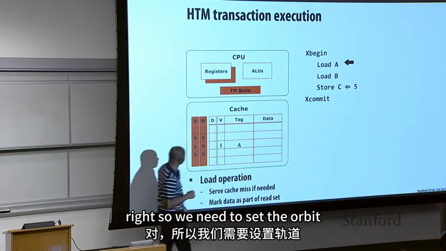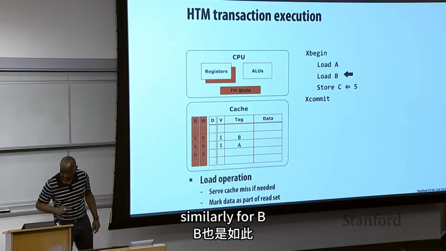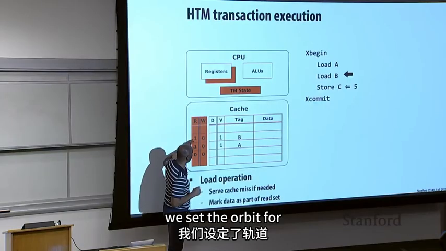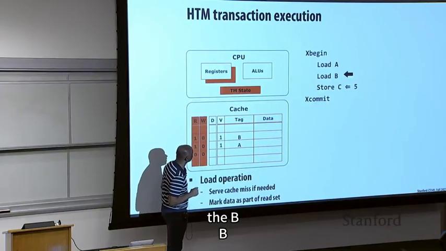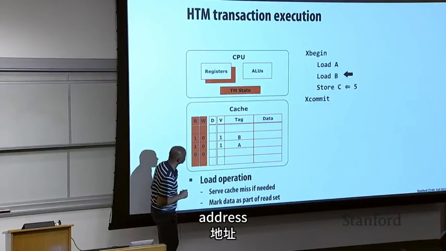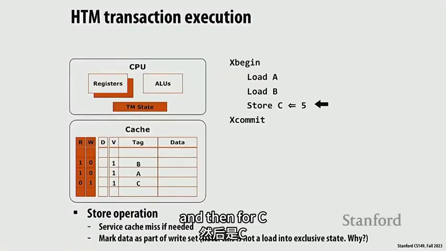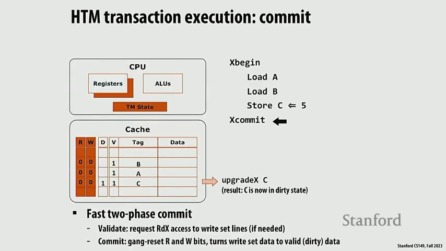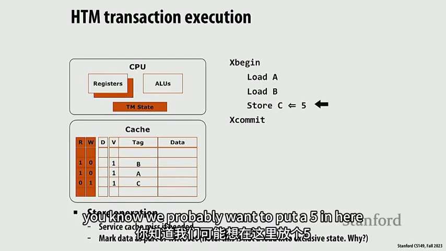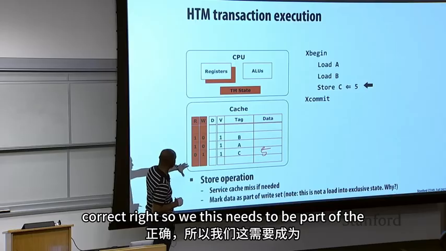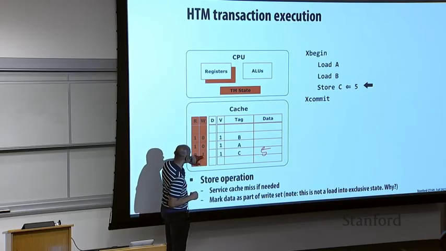So we need to set the R bit. Similarly for B, we set the R bit for the B address. And then for C, we probably want to put a 5 in here just to be correct, right? So this needs to be part of the write set, okay?